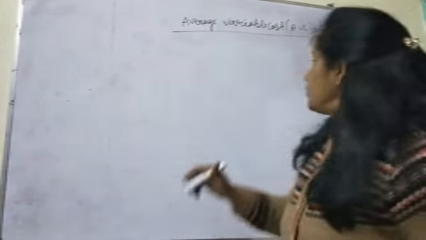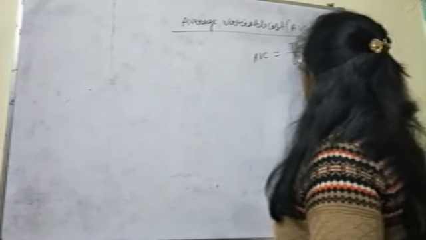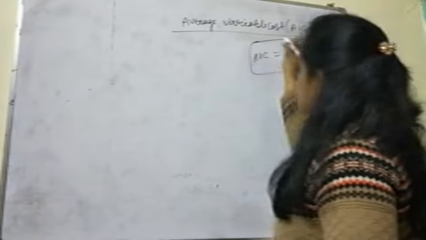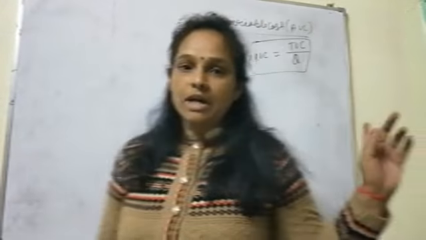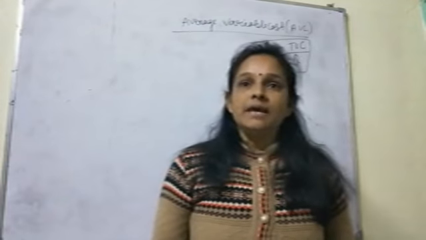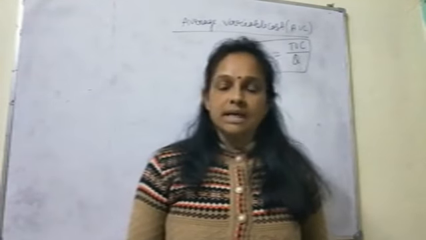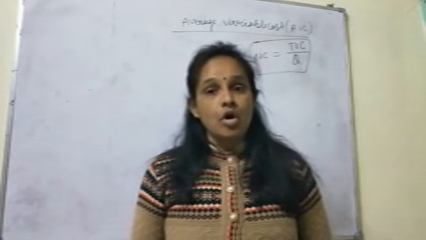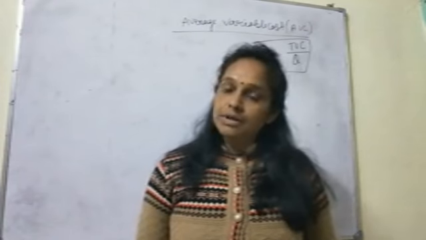Full stop. Then write the formula. AVC is equal to TVC upon Q. This is the formula. After the formula, write below: AVC, that is average variable cost, is explained with the help of the schedule and diagram below.